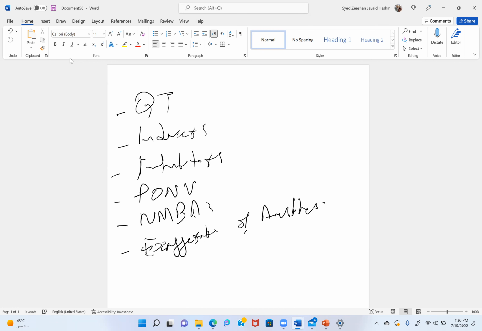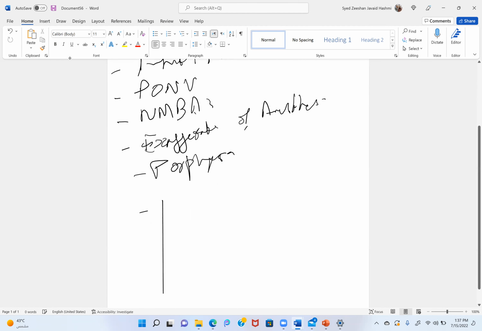Just make a list of which are enzyme inducers, which are enzyme inhibitors, which are safe in porphyria, which are problematic in a patient with epilepsy. You can just make a list of it, and then it will be easier for you to remember that this medication has this problem.